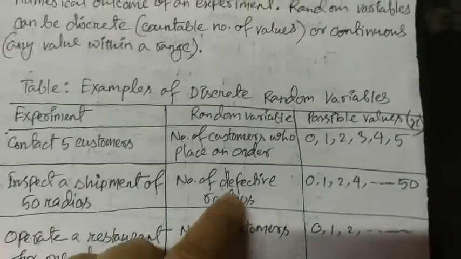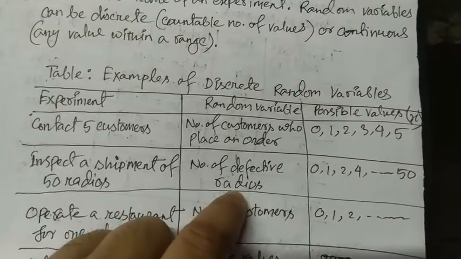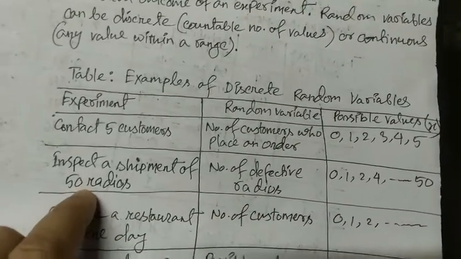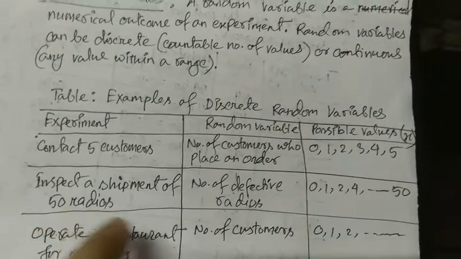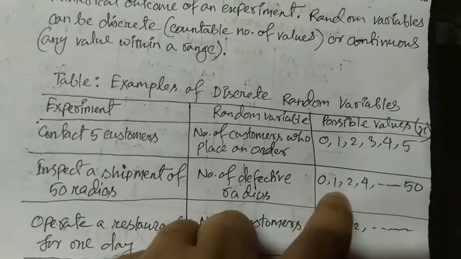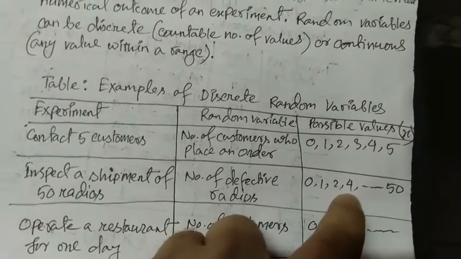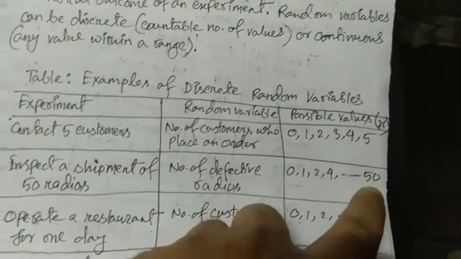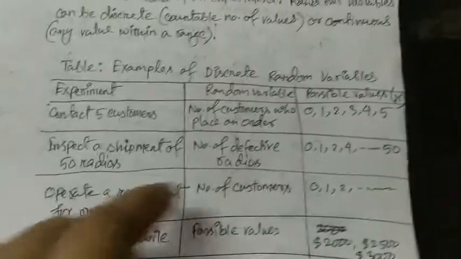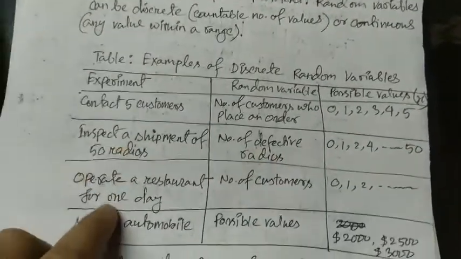So the random variable can be the number of defective radios. You are experimenting with a total of 50 radios. So you may have 0 defective radios, 1, 2, 3, and like that up to 50 defective radios. These are the possible values of the random variable in this case.